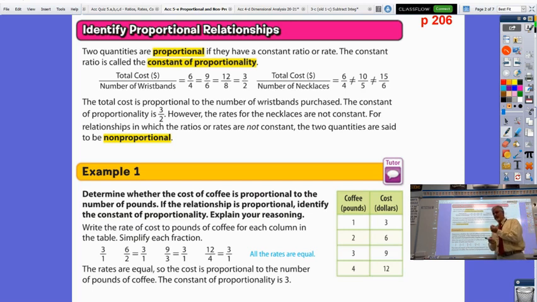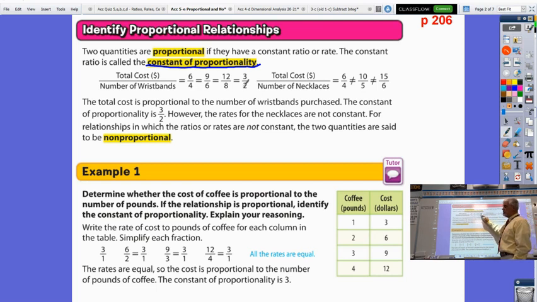Whatever that rate is, the ratio or rate, depending on whether the units are the same or not, that ratio is called the constant of proportionality, okay? The constant of proportionality. This is also what we would call a unit rate, which you'll see here in these examples, okay? So, for example, here they say wristbands cost $6 if you buy 4 of them, $9 if you buy 6, $12 if you buy 8, and $3 if you buy 2.